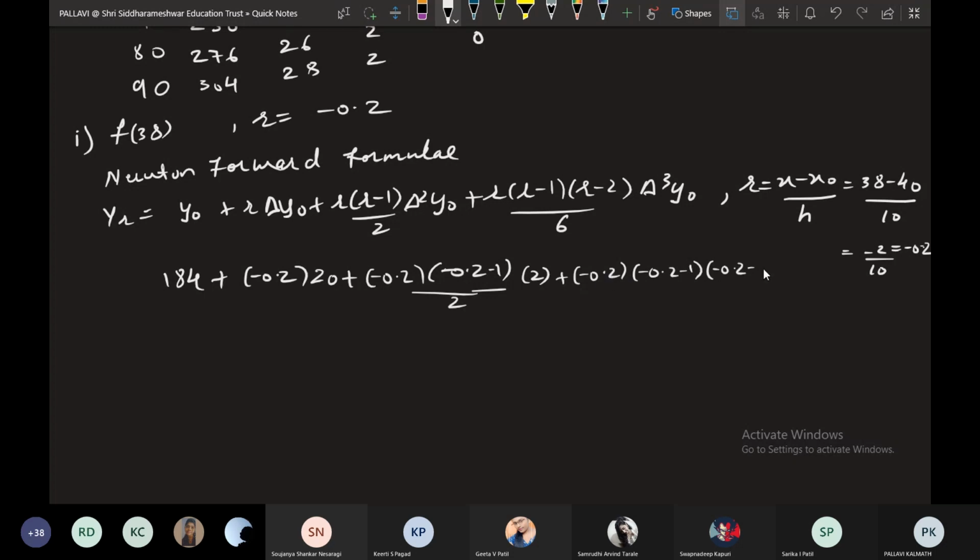This is r minus 1, r minus 2 divided by 3 factorial, which is 6. And what is the next difference? The next difference is 0 only, no? Third difference. Yes, ma'am. Okay, so please simplify and tell me the answer you are getting.